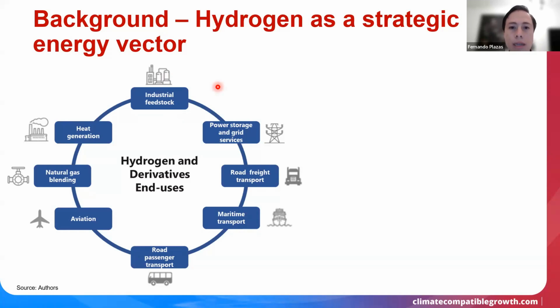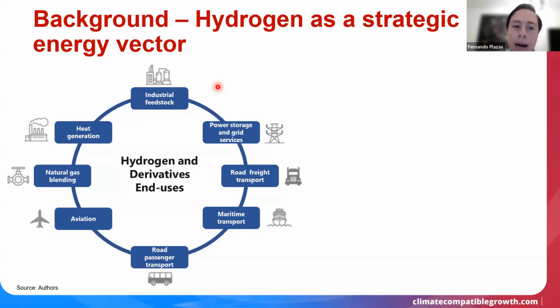However, we have seen in the past years that hydrogen has had an important relevance as an alternative for energy consumption. As you can see here, we have different other purposes or uses of hydrogen and also derivatives that we can have from hydrogen. In this case, we have, for example, the use as a substance for heat generation.